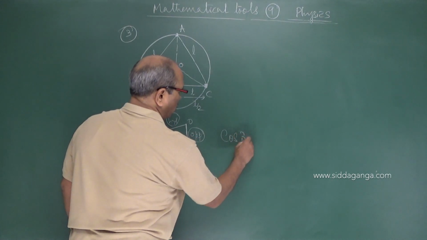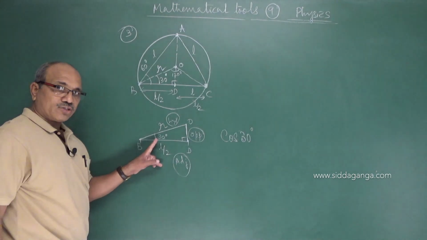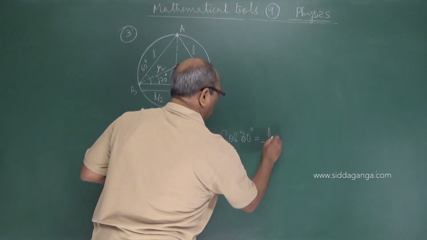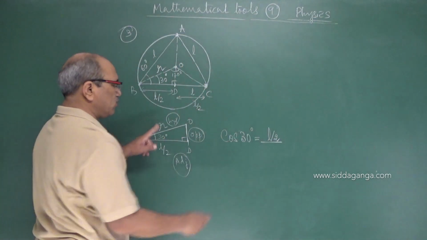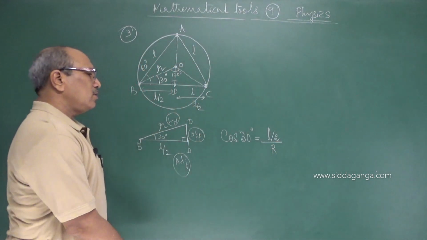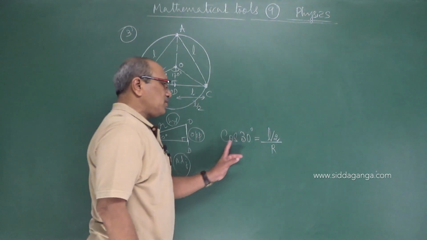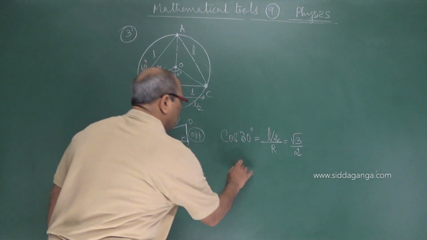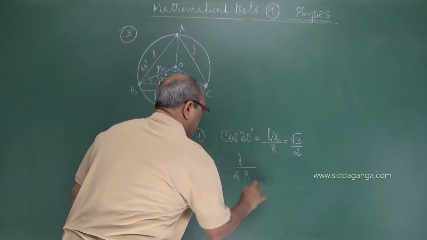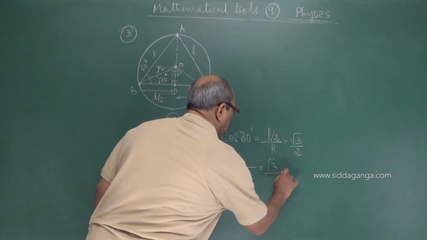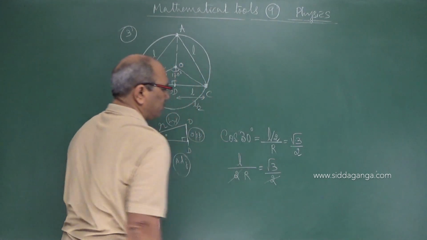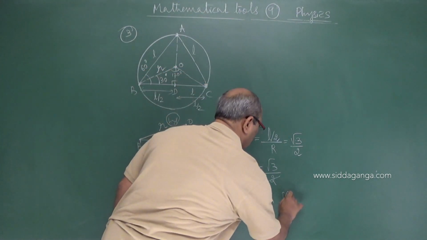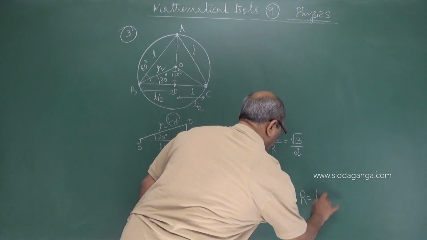So I am writing here cos 30 degree, and that is equal to L by 2 by R. I hope you also know the value of cos 30 is root 3 by 2. Now our job is over. L by 2R equals root 3 by 2. 2 gets cancelled. Length is equal to root 3R, or R is equal to L by root 3.